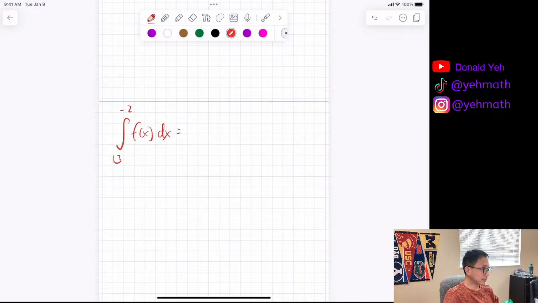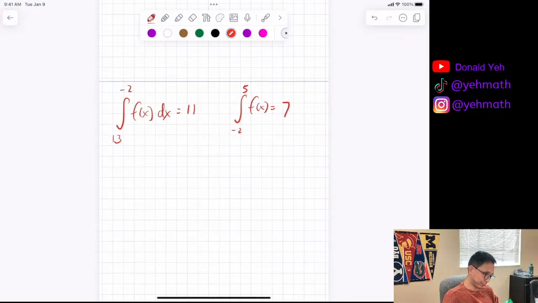What number do you want it to be? 11? Okay, 11. Good. And I have the integration from -2 to 5 of f of x equal to, give me another number. 7, okay. Can you find from 5 to 13?